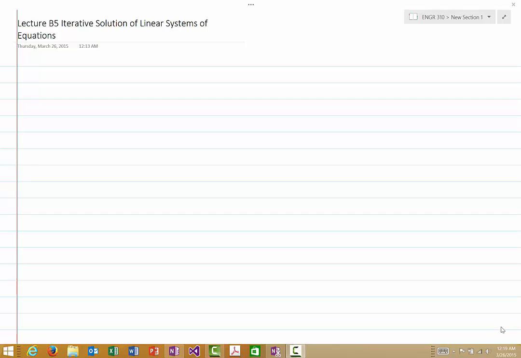Now, for the sake of this lecture, of course, it's not very practical for us to try to solve by hand a large system of equations. That would take too long. So for the sake of the examples in this lecture, we'll use small systems of equations.